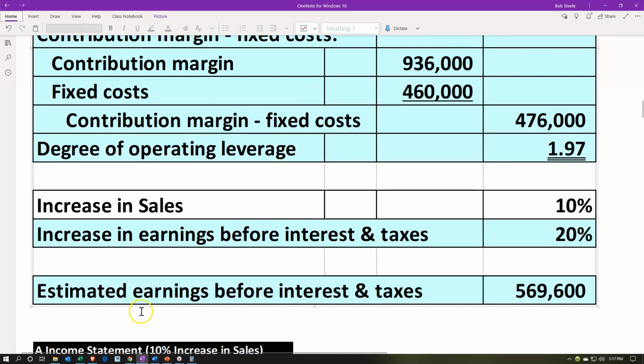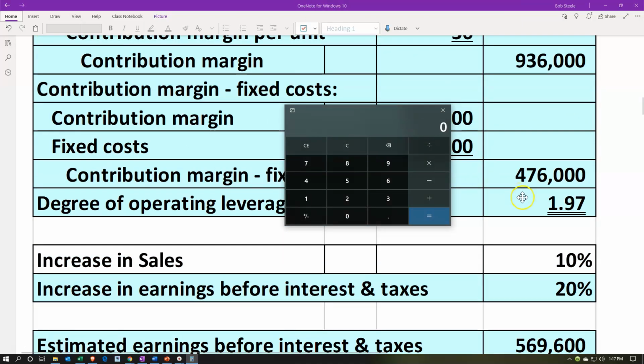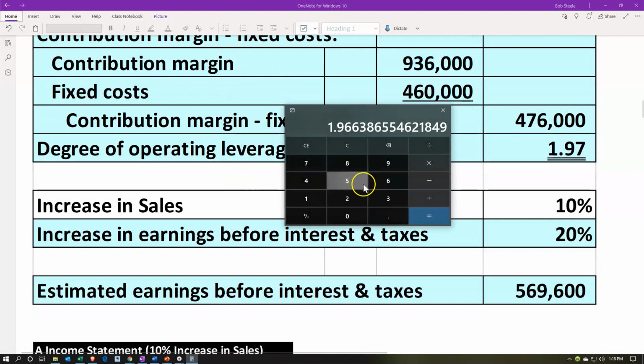So that's going to give us our estimated earnings before interest and taxes of 569.6. How do we get that? I'm going to make this a little more exact because this is rounded. If I take this 936,000 divided by the 476,000, we get a more exact 1.9663. If I multiply that times the 10%, the 0.1, we get about a 20% increase.